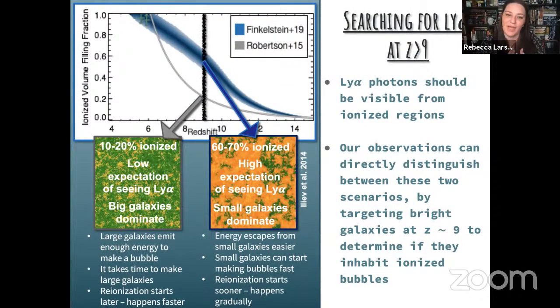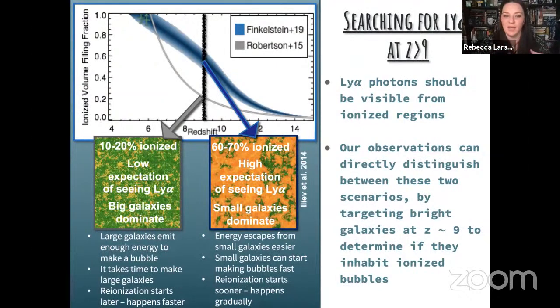What we wanted to look at was further into the Epoch of Reionization. Let's try to study galaxies that existed in the middle of this process. Depending on how this process happened, we either expect reionization to be a little bit delayed and then the universe became ionized rapidly, or maybe it was a slower process that happened more gradually.